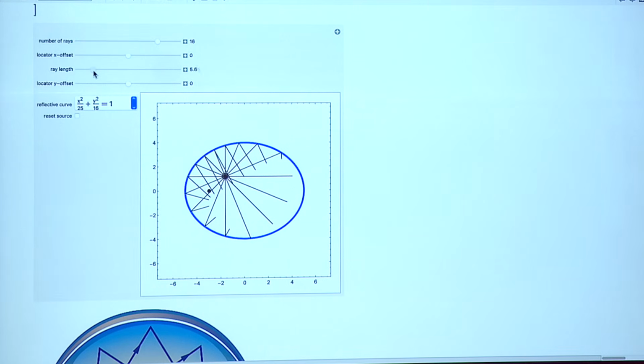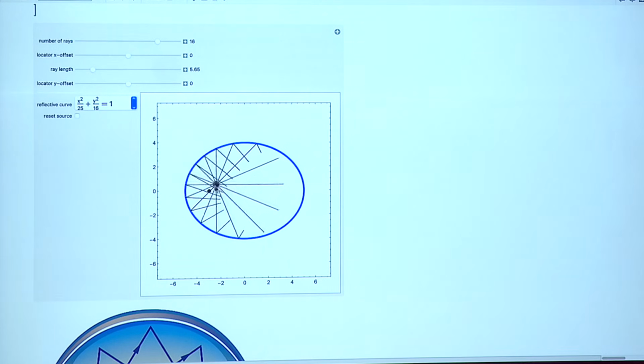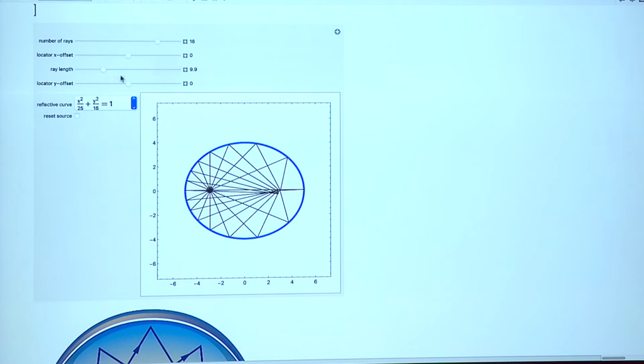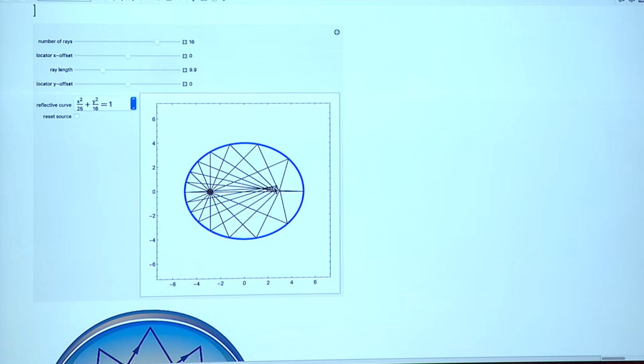But if you choose your point well at the focus, or one of the foci, this is what happens. I have to put it just there. All the light rays end up at the other focus. That's a very neat property, right?